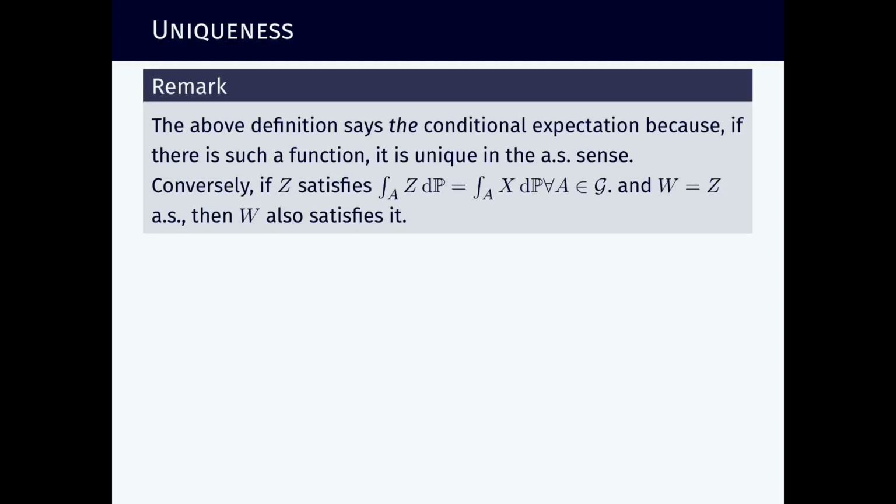Here's a remark that you're probably used to already, which is when we say unique, it means in the almost sure sense. So what is the remark? It says if X has a conditional expectation, then it is unique. What does it mean to be unique?